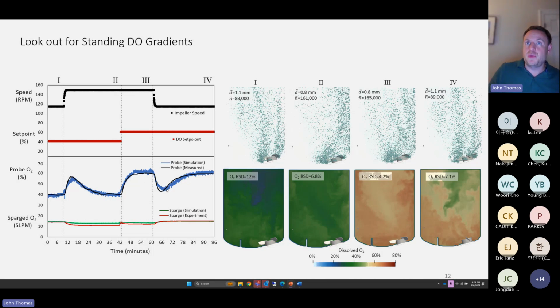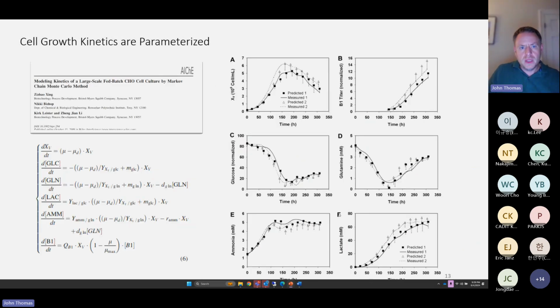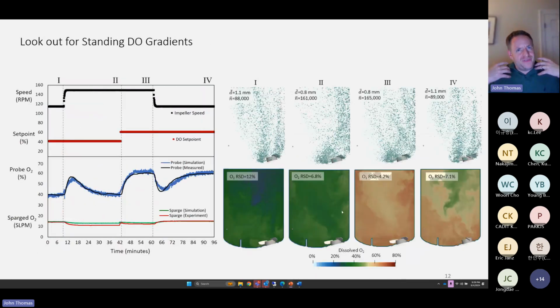And beyond that, we can show the user what their probe can't see. And that is gradients across the system and the deleterious effects those DO gradients might have on overall cell growth kinetics. So this is a very important validation as well as application of the code.